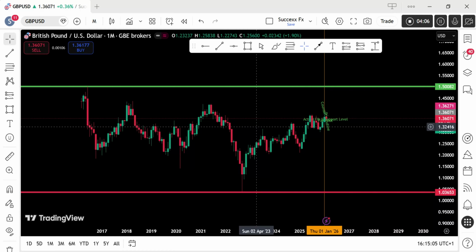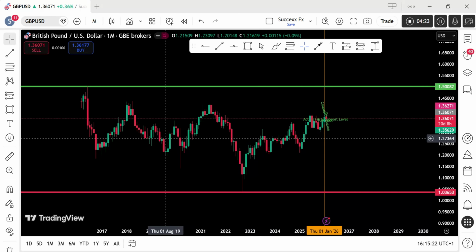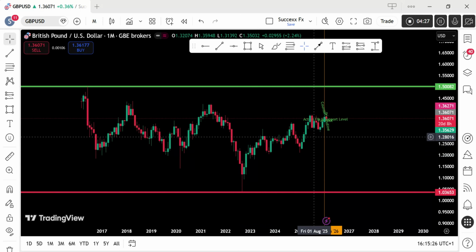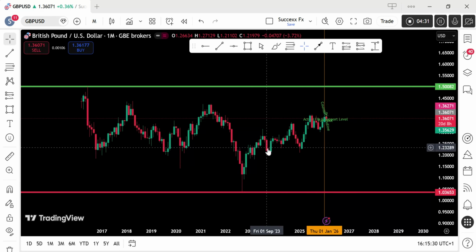Yes, I'll say that it's best for scalping, although you can still swing, but in a lower time frame, all right? You can still swing, but not as much as you can swing gold. You can swing US 30, you can swing GBPJPY. For GBPUSD, it's more like a quick scalp, if you really want to benefit from GBPUSD. GBPUSD is a quick scalp.